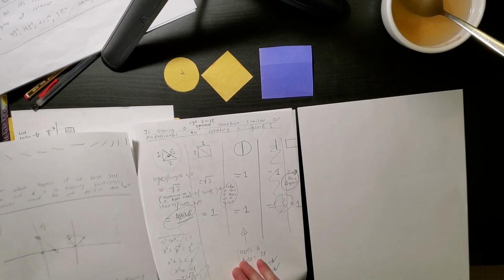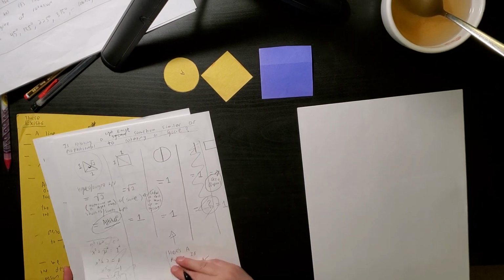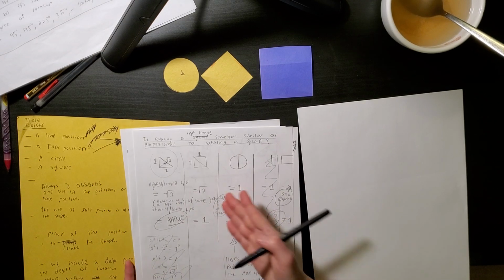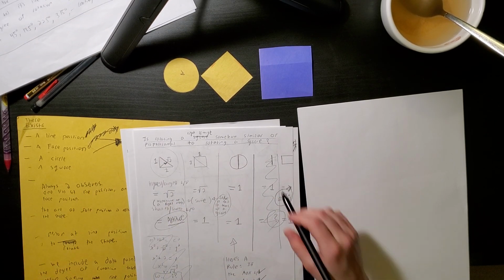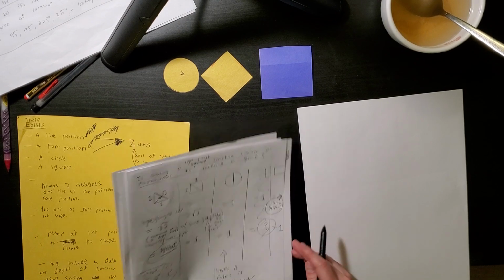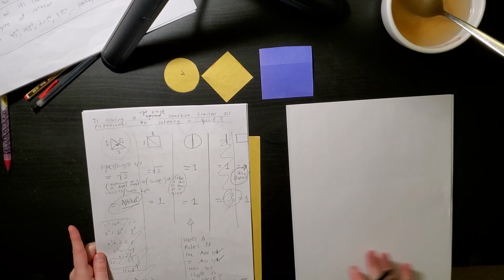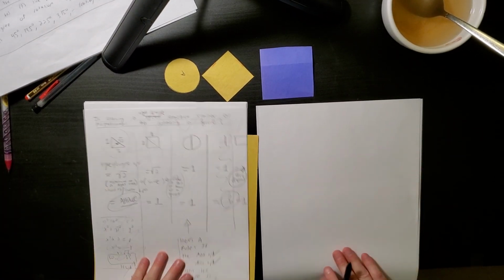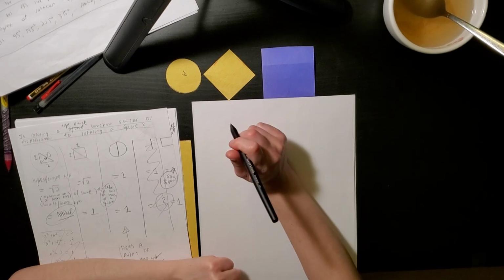And so what if we try some other shapes like a triangle, a rectangle? What happens? Let me just get maybe this paper.